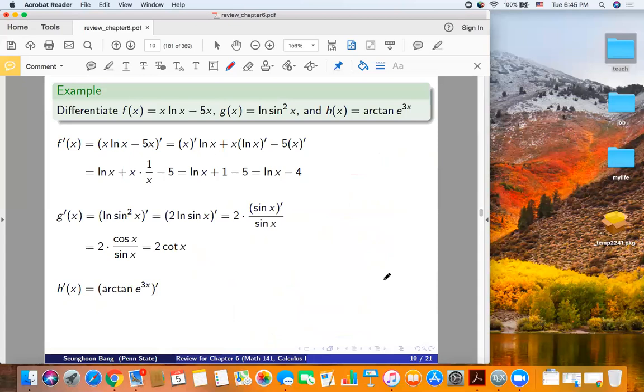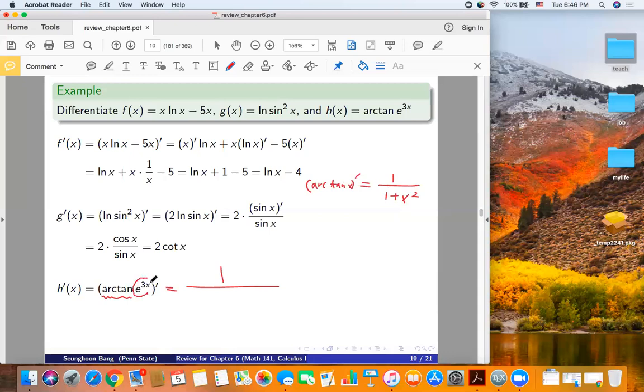The next one, this one. How can we do that? We think about arctangent prime. Do you know this one? Arctangent x prime is 1 over 1 plus x squared.